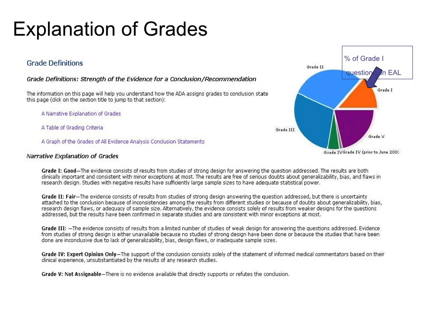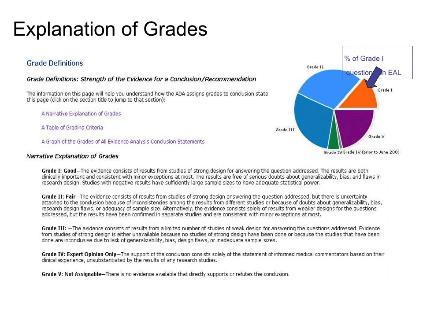From the previous slide, the grade on low carbohydrate diets was a grade of 2, which is fair. This states that evidence consists of results from studies of strong design answering the questions addressed, but there is uncertainty attached to the conclusion because of inconsistency among the results from different studies or because of doubts about generalizability, bias, research design flaws, or adequacy of sample size.